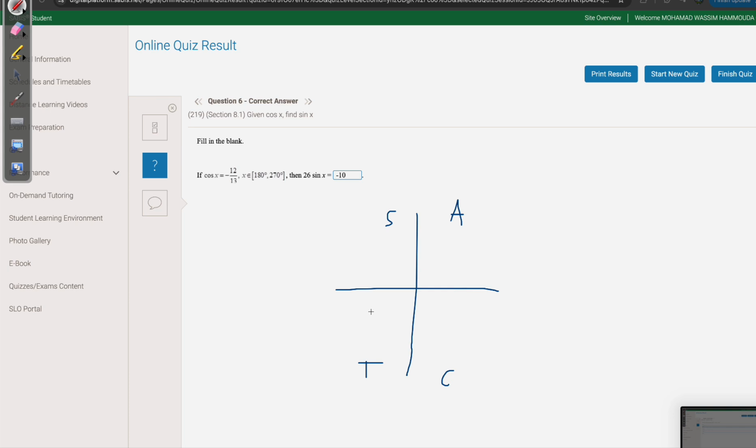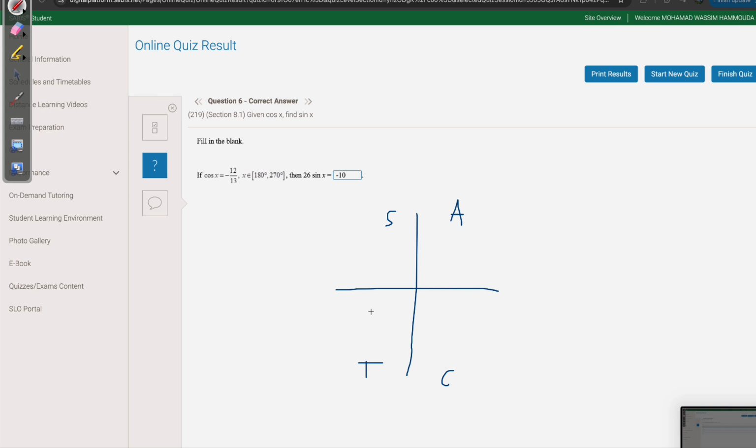They're saying here cosine x is equal to negative 12 over 13. So of course cosine would be negative. But what in this case would be negative? That's what many people would ask.